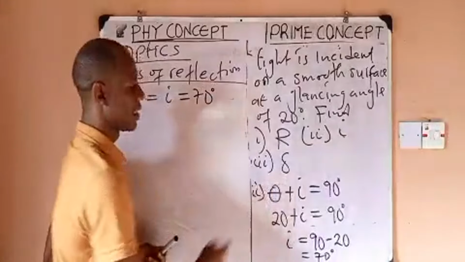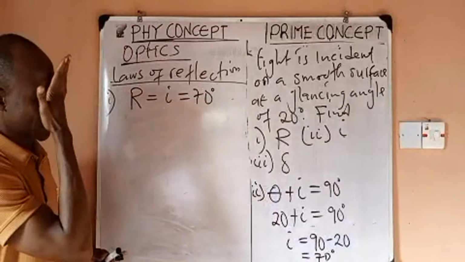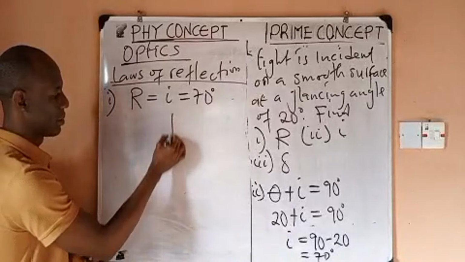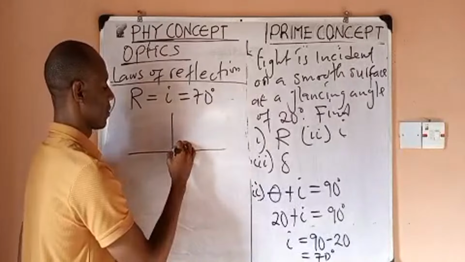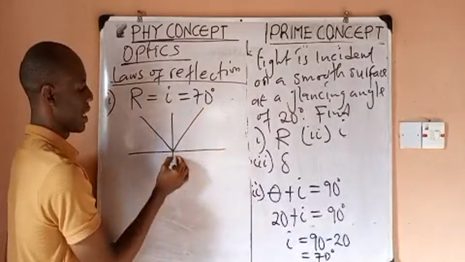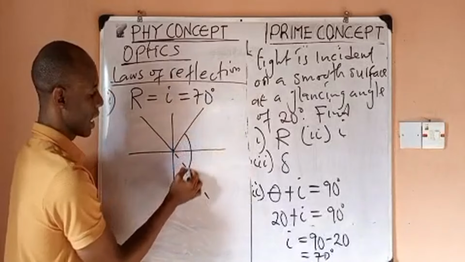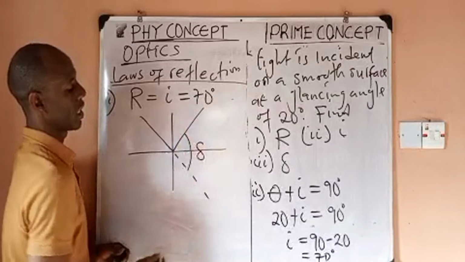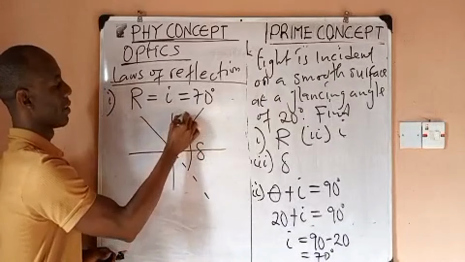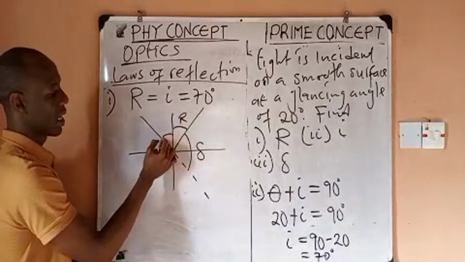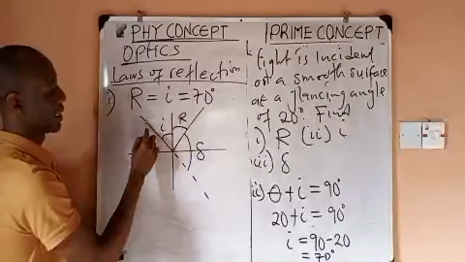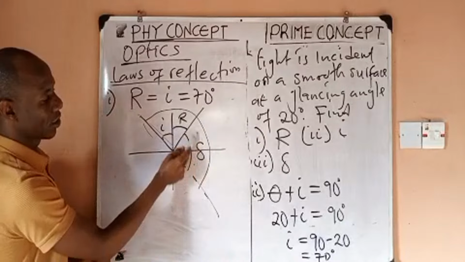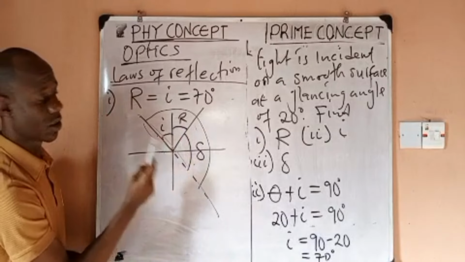The next is the angle of deviation. So you would see from that diagram, this is how the diagram is. This angle is the deviation angle. This is R. You can solve this in so many ways, and this is I. So you would see that this is a straight line, so that the addition of all these angles would give us 180.